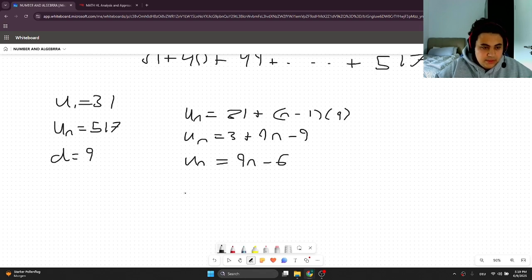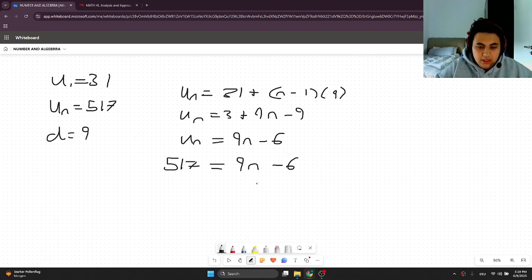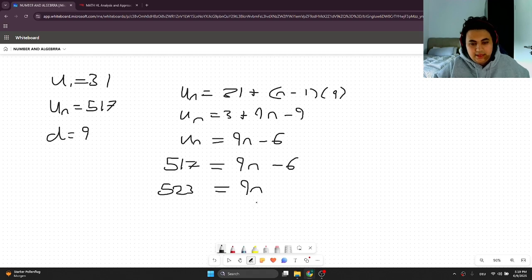Then we replace un with 517: 517 is equal to 9n minus 6. We add 6, which gives 523 equal to 9n. So 523 divided by 9, that is not true.